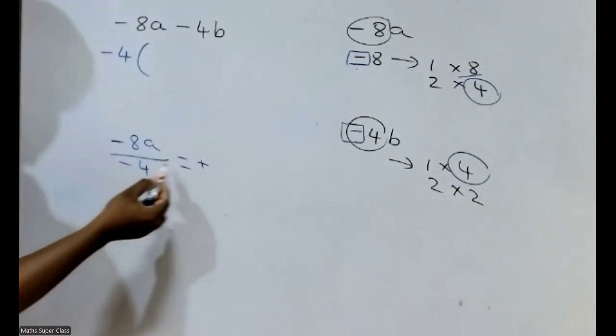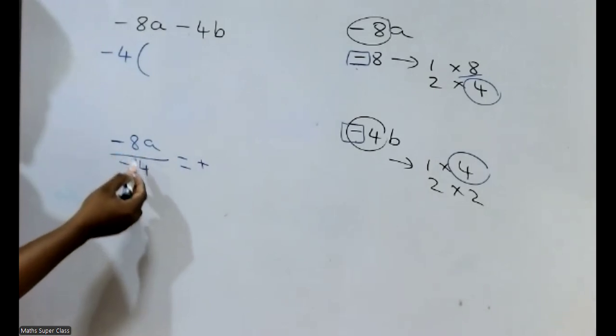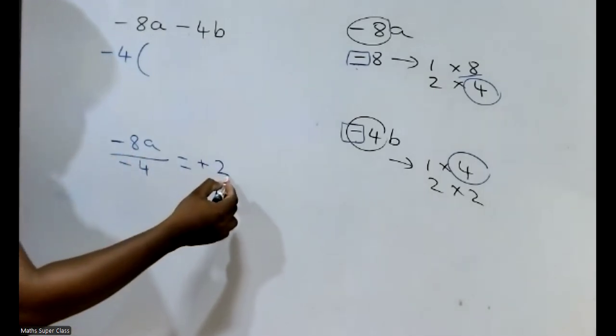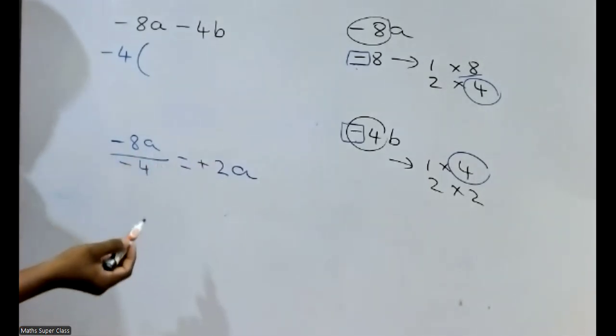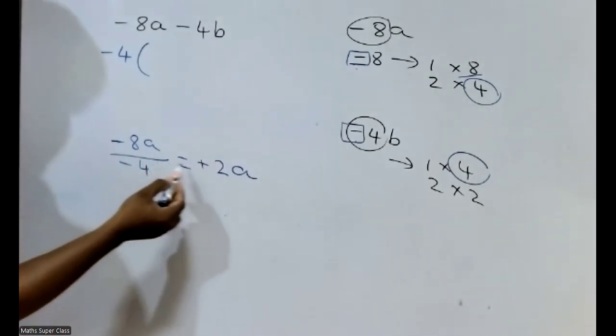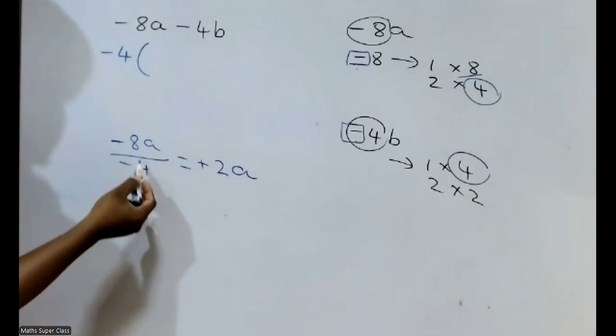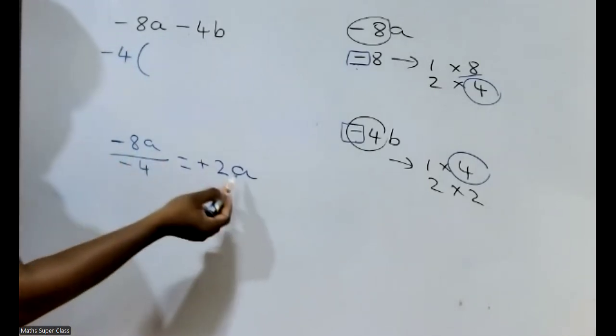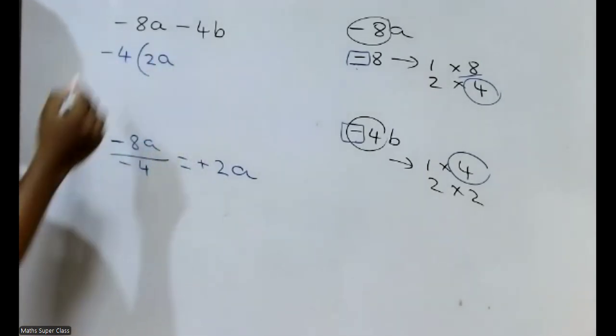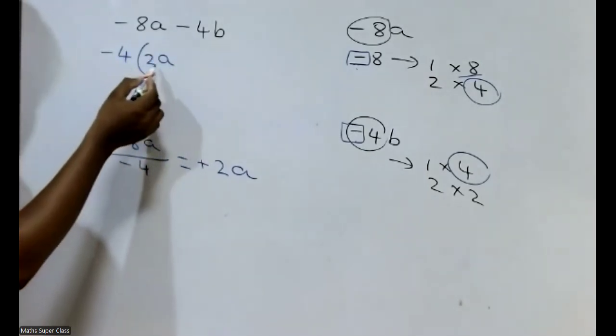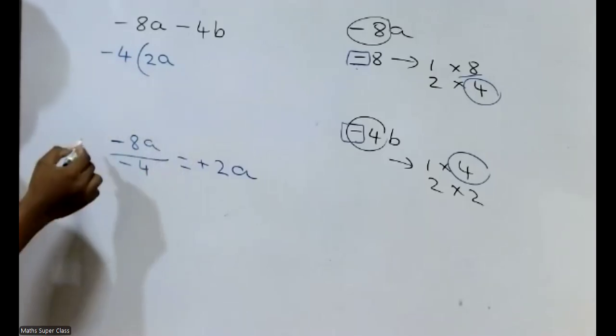Minus divided by minus is plus. 8 divided by 4 is 2. A stays here, because we can't divide it. So it's 2a. We don't need to put plus here. If it's without a sign, that means plus.